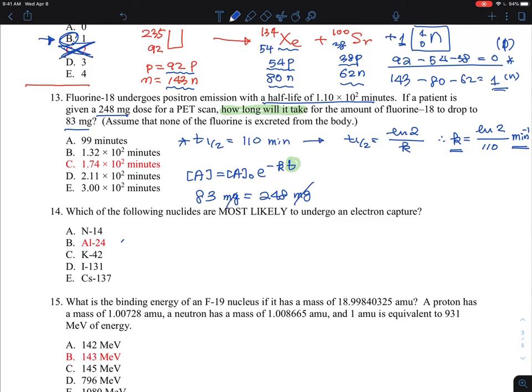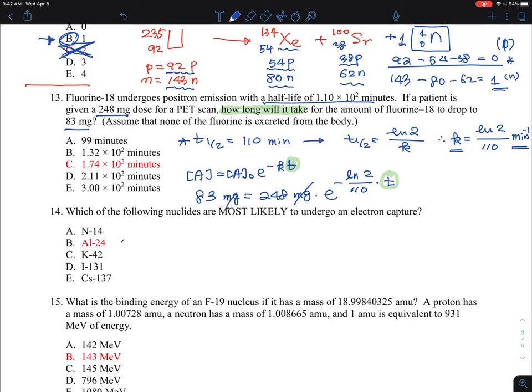So they cancel out, and then exponential to k is ln2 over 110. My ln spelling is really kind of funny. So, okay, ln2 times t. Once again, you need to calculate based on this, right?